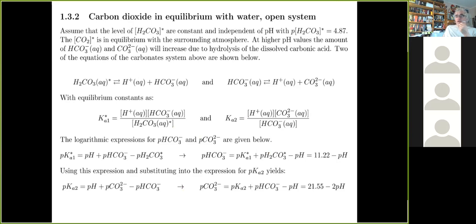Suppose you have a beaker with some solution with the system, then one can say that carbon dioxide from the surroundings could very well enter the system.